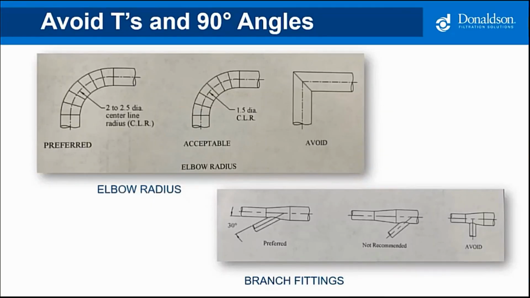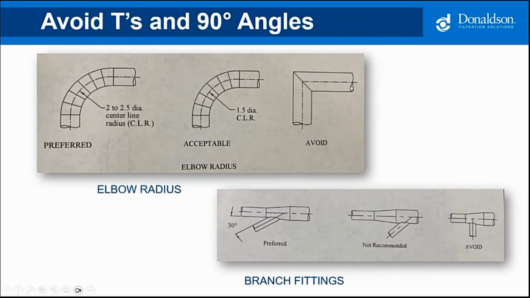All right. What you see here, of course, is elbows, what is considered preferred in industrial ventilation. Again, a lot of times you may work in HVAC capacity, but when you get a dust collection project, it comes with different variables. The preferred elbow is 2 to 2.5 centerline radius elbows. Acceptable is considered 1.5.